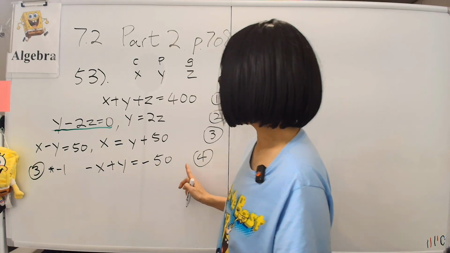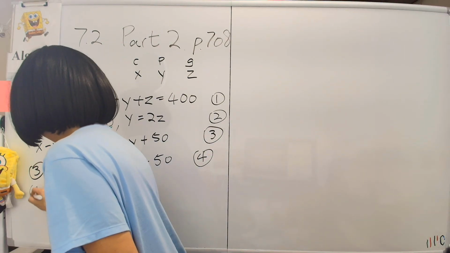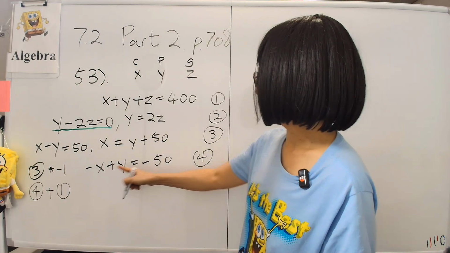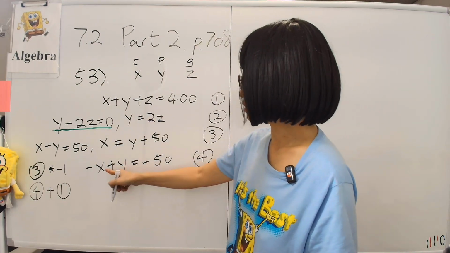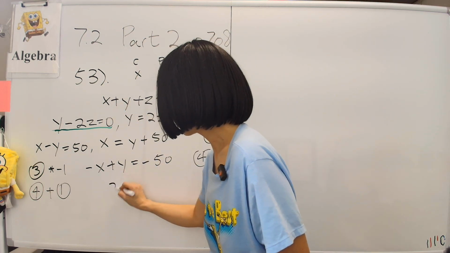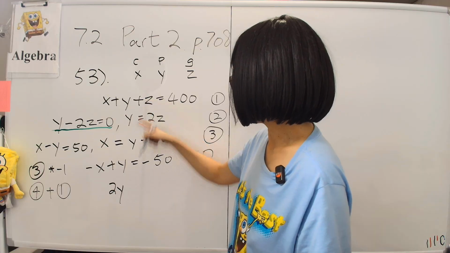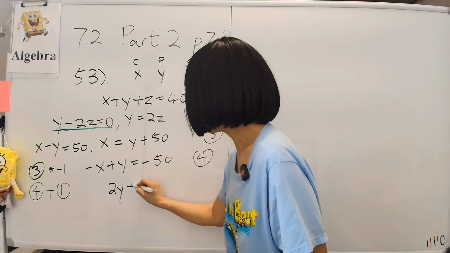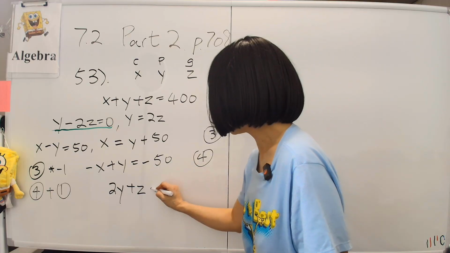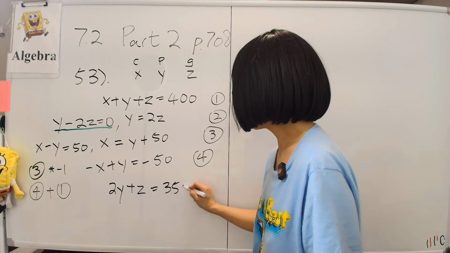Now we're going to take equation 4 and add it to equation 1. So equation 4 plus equation 1: minus x and x is gone, plus y is 2y. There's no z here, so we'll just leave that, plus z equals 400 minus 50 equals 350.